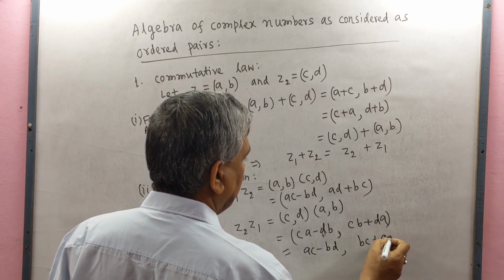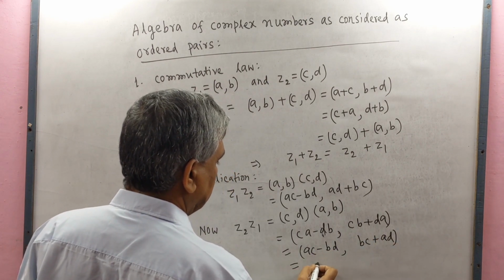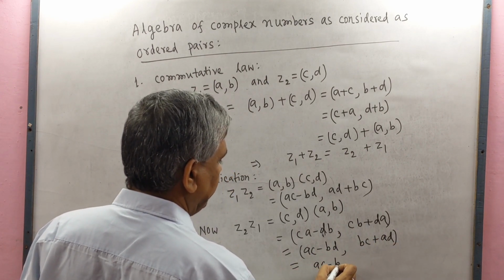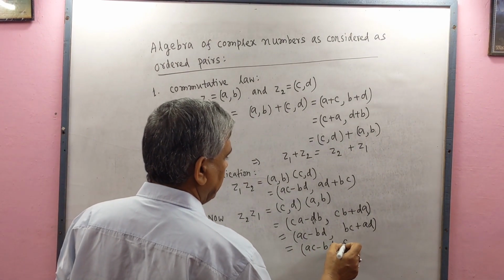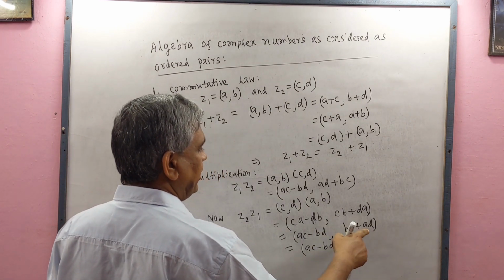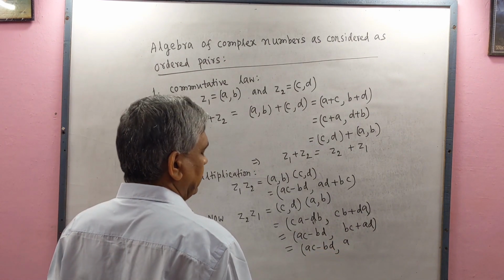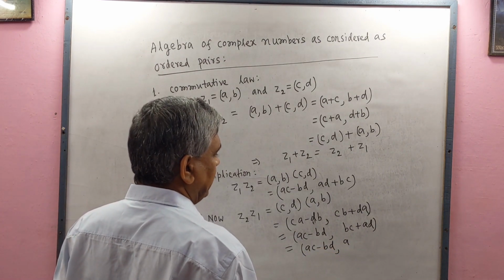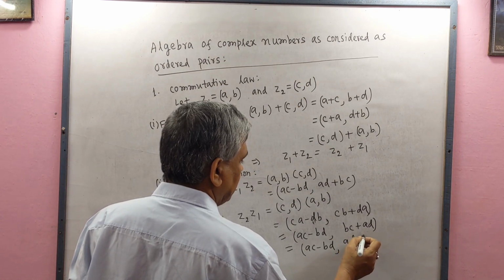Here ad equals ac minus bd. Here addition is commutative. bc is a real number and ad is another real number, and in the case of addition, real numbers are commutative. So we may write ad plus bc.